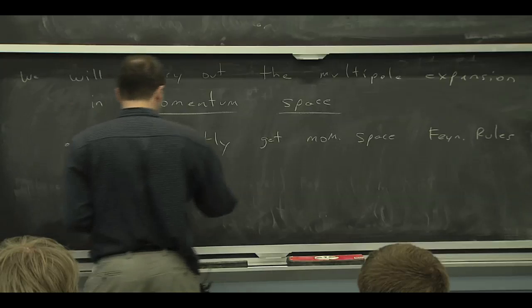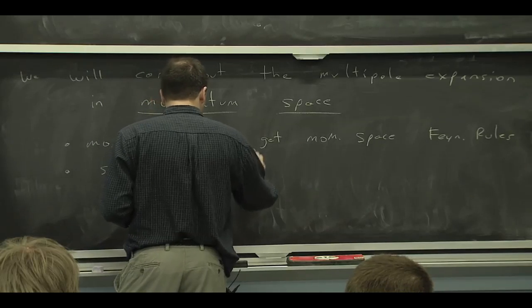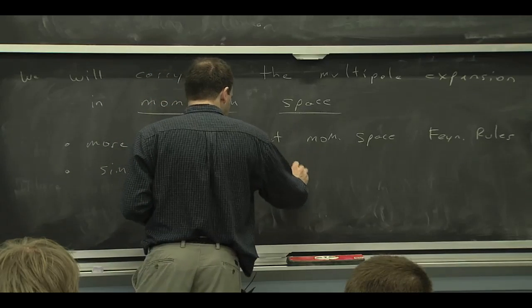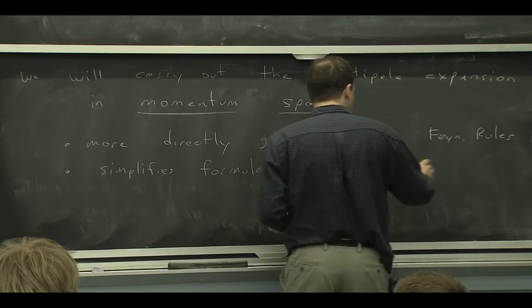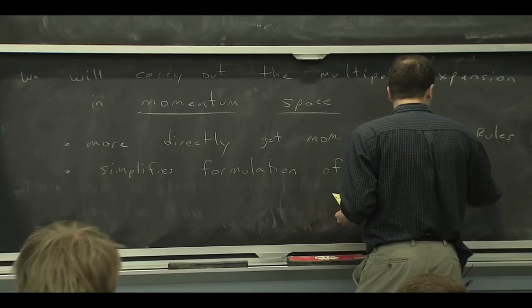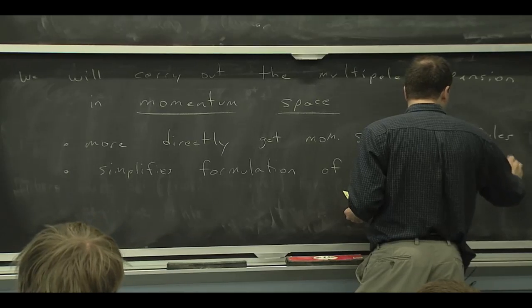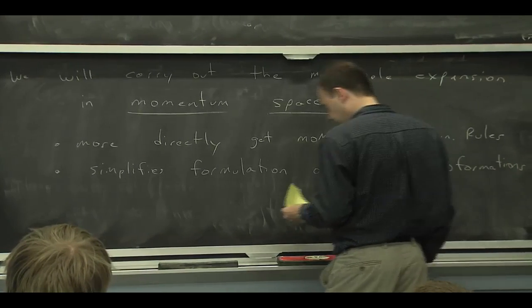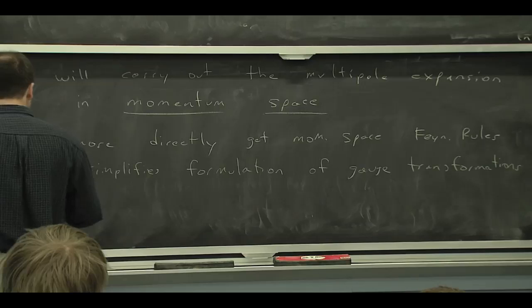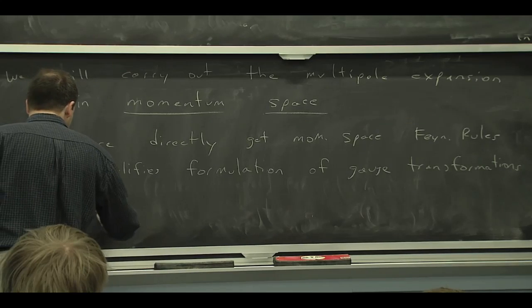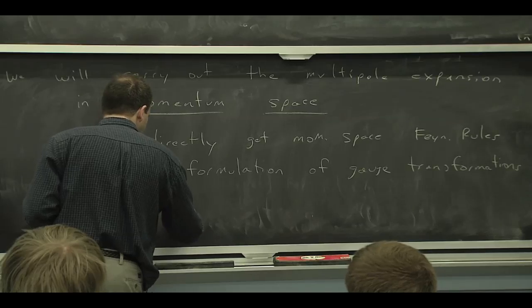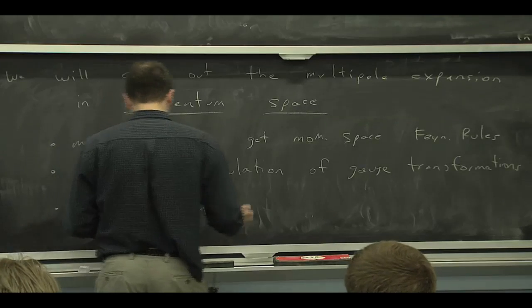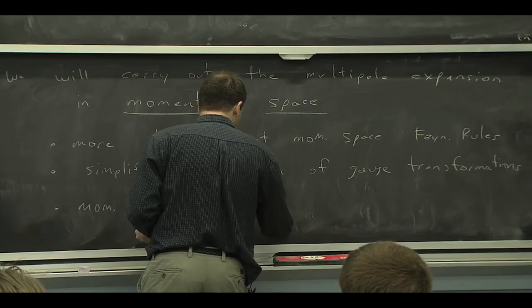It simplifies, actually slightly, or somewhat, the formulation of gauge transformations, which we'll talk about later on. And what I think is a nice advantage is where the momentum expansion sits: it's in the propagator, not in the vertices.